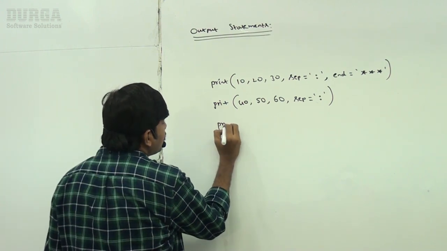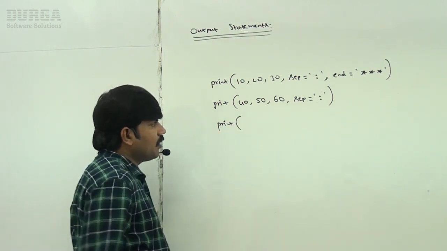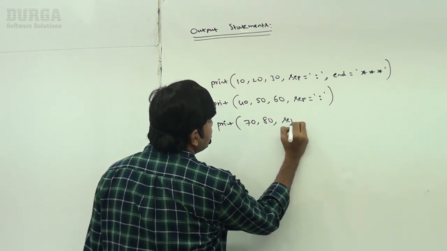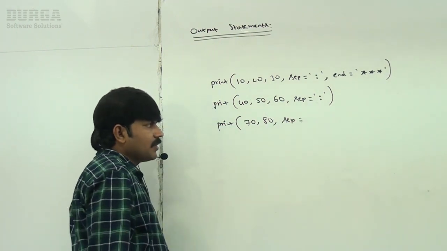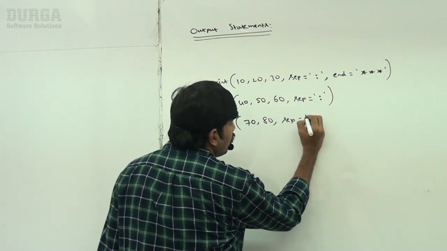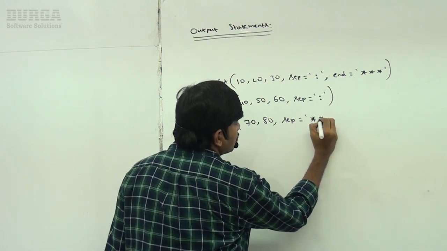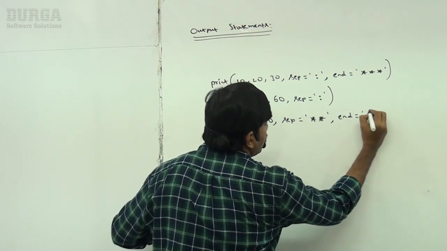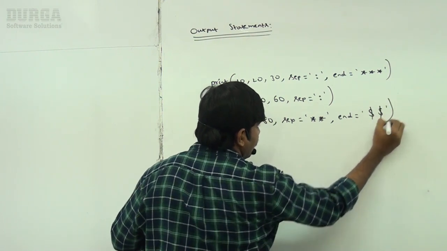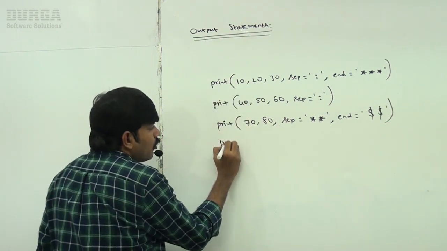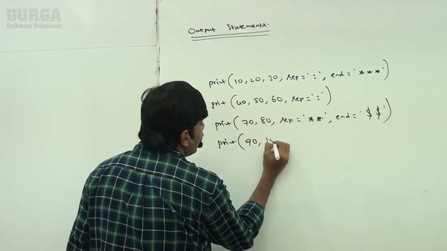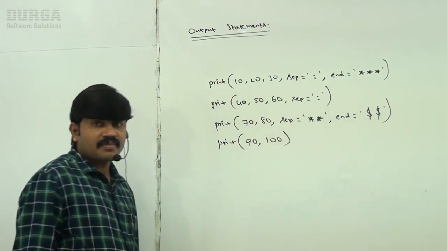Next, print of 70, 80, SCP is equal to star, end is equal to dollar. Now print of 90, 100.